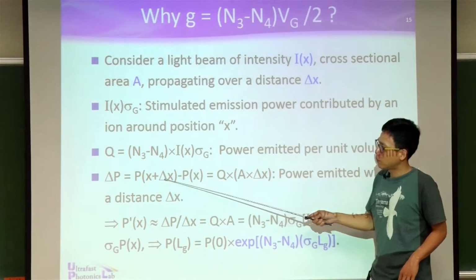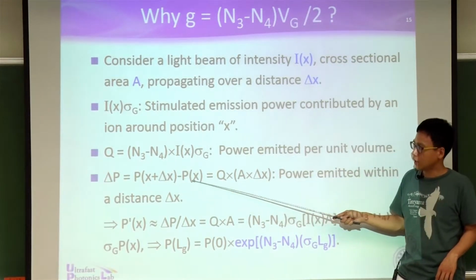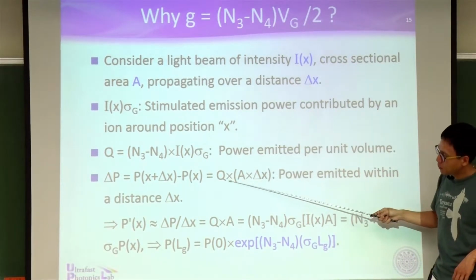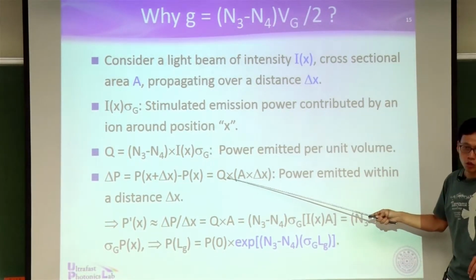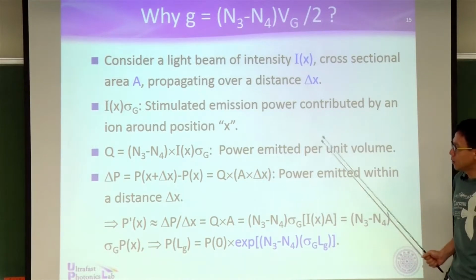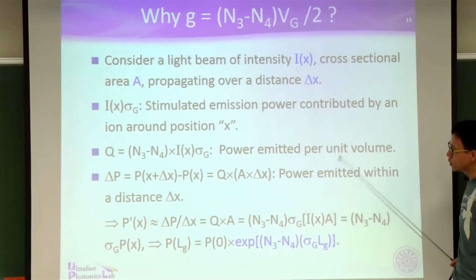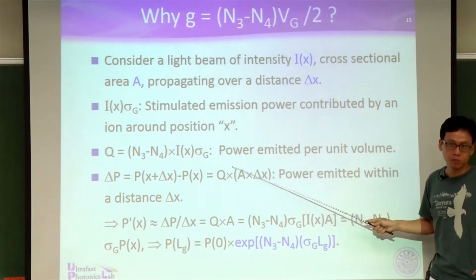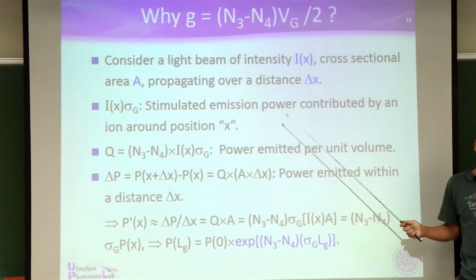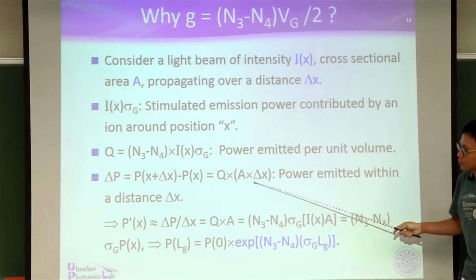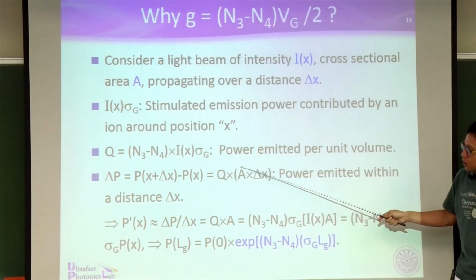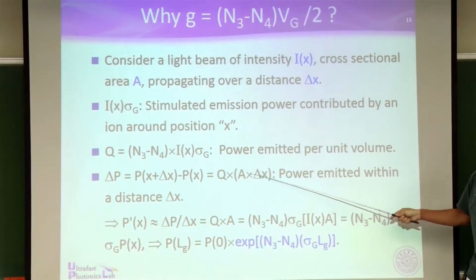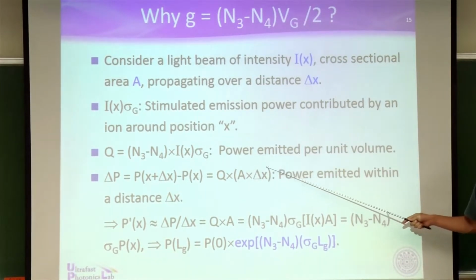Then the power will increase by this amount. Power emitted per unit volume times the effective volume gives the emitted power. And the effective volume is the beam cross-sectional area, big A, times the propagation distance, delta x.